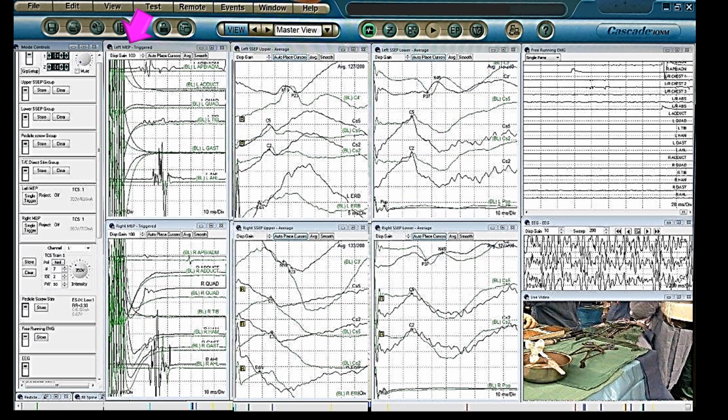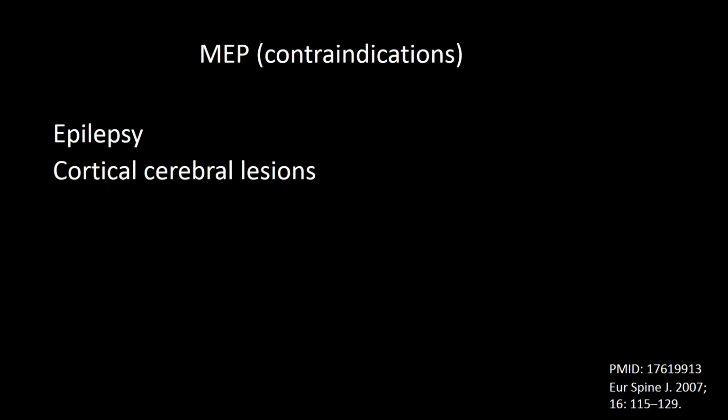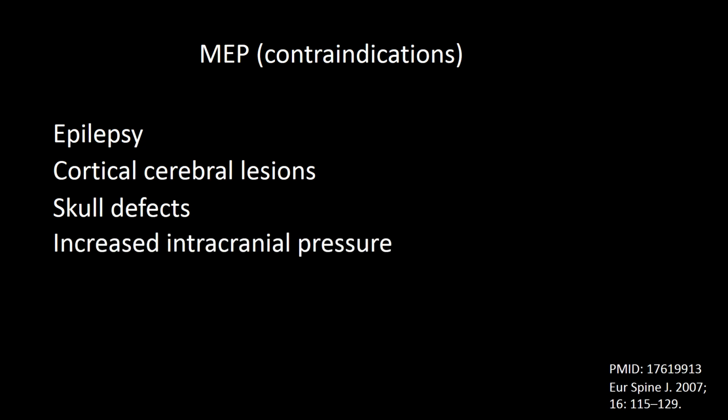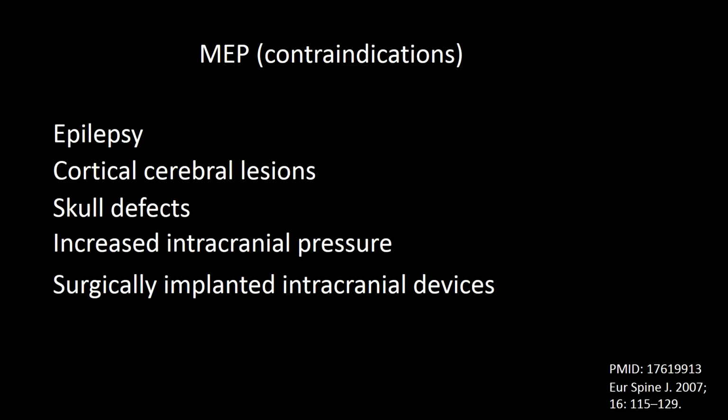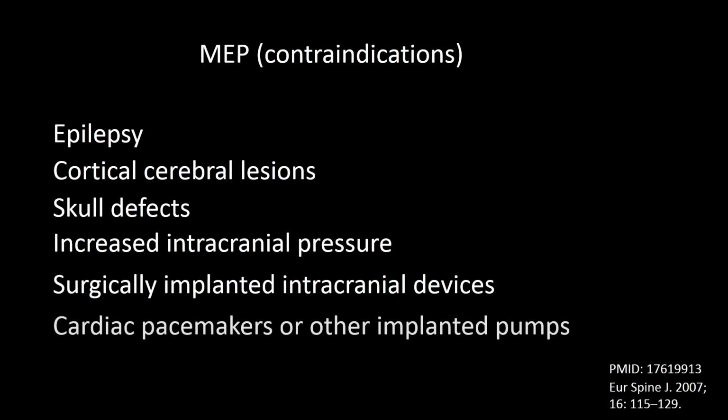During surgery for spinal rod placement, motor evoked potentials are usually monitored, but there are certain contraindications. These contraindications are epilepsy, cortical cerebral lesions, skull defects, increased intracranial pressure, surgically implanted intracranial devices, or cardiac pacemakers or other implanted pumps.